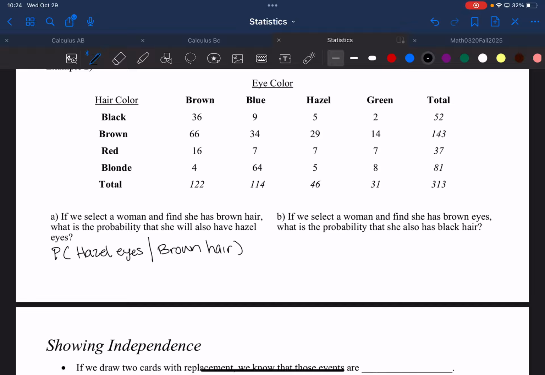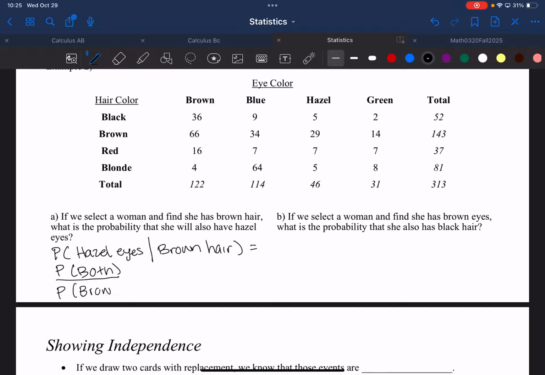Okay. So knowing that this is our conditional probability, the formula looks like finding the probability of the intersection, which means the probability that they have both, right? Both hazel eyes and brown hair over the probability of what? Of brown hair.